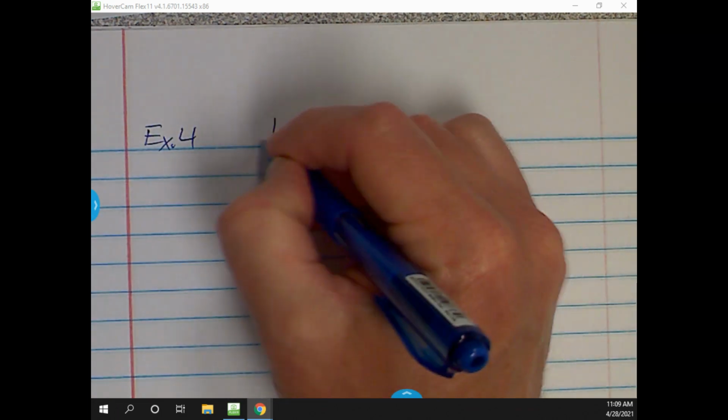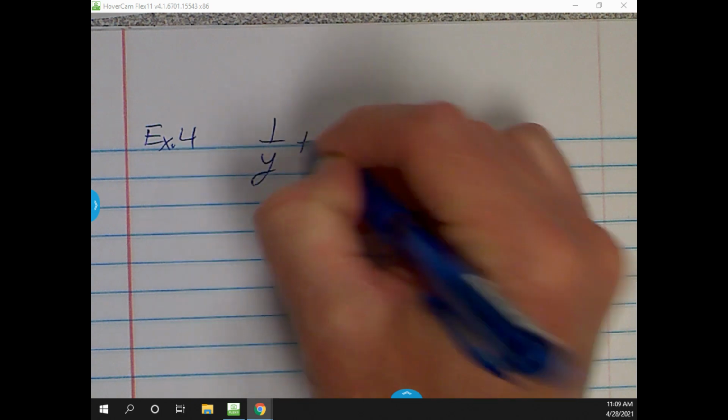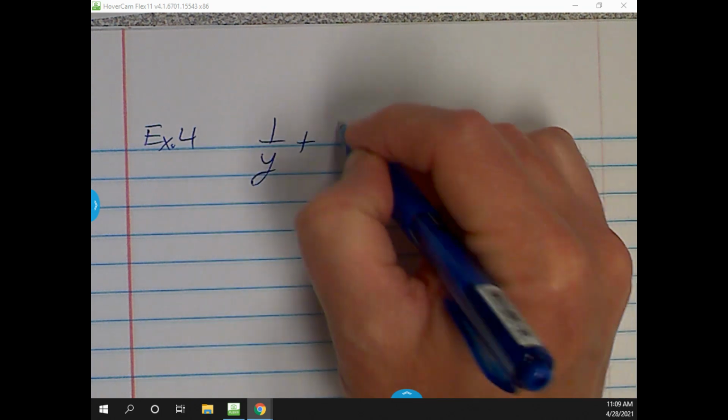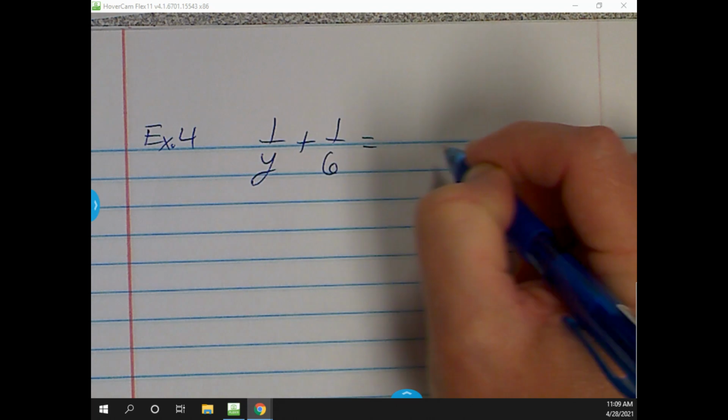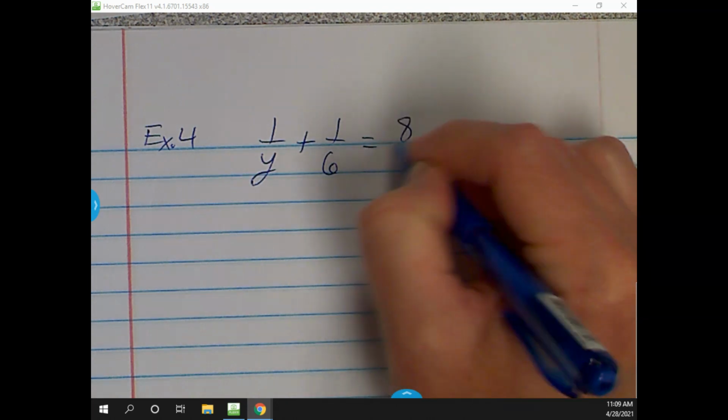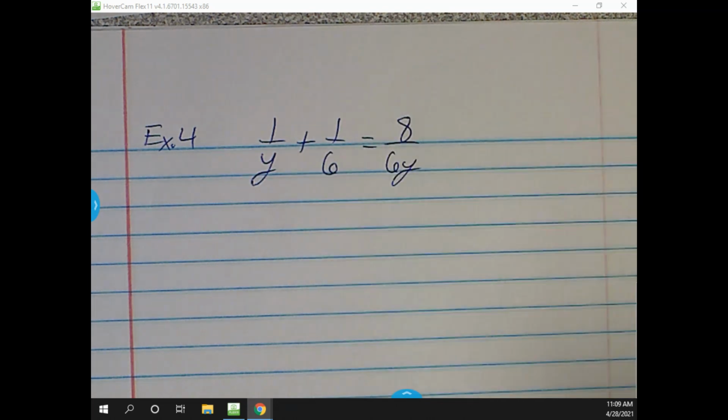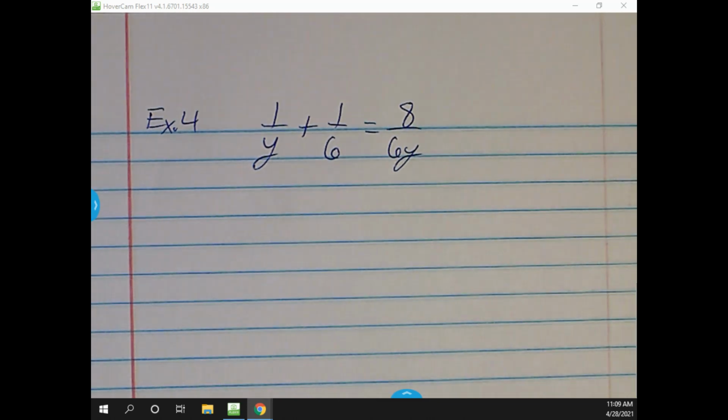All right, so for example 4, you may get one like this, where you've got 1 over y plus 1 over 6 equals 8 over 6y. The good part is there's no factoring involved because there's just one number and one letter.